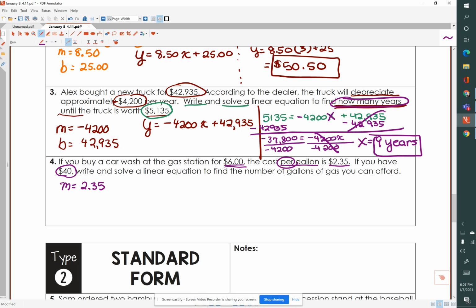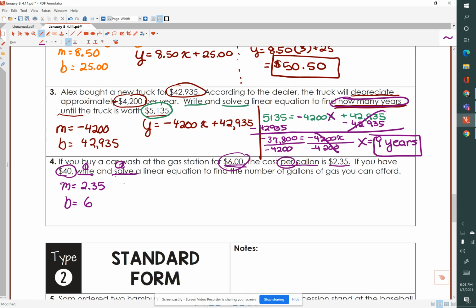It's the $6 for the car wash, because we're getting this rate of $2.35 per gallon because we bought the car wash. So the y-intercept is our $6. So now we're going to write an equation. That's the first thing we do, and then we'll solve the equation.